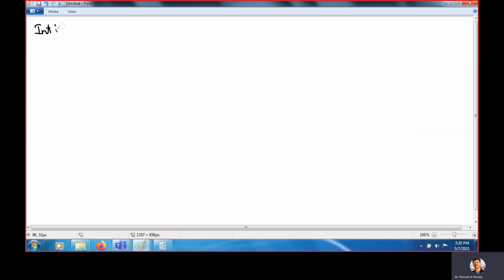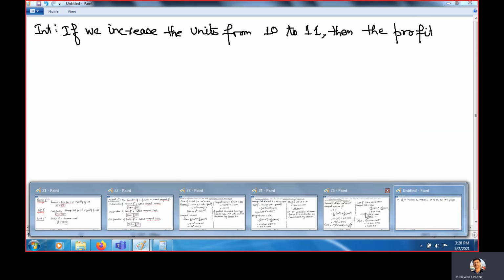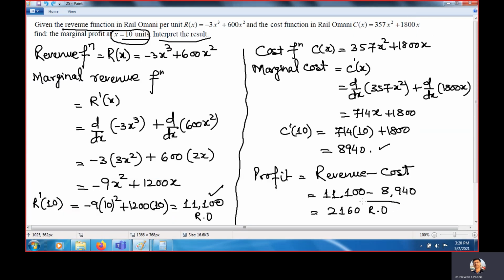So what is this interpretation? If we increase the units from 10 to 11, then the profit, because we calculated what? We calculated the profit, and how much profit? 2,160.